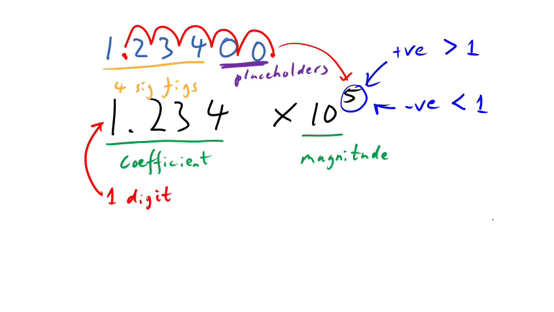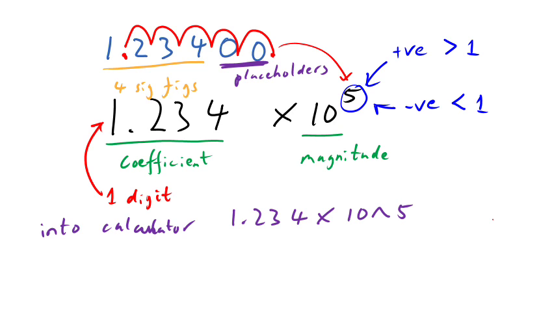And if we were to type this into the calculator, we would type 1.234 times 10, and then we use the hat 5, but the calculator might spit it out looking a bit different.